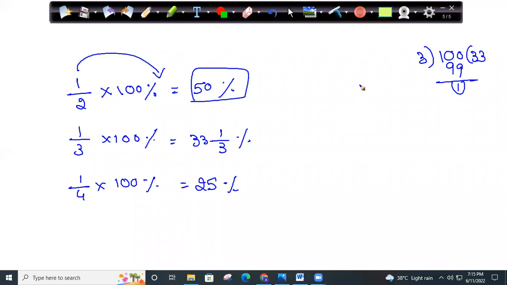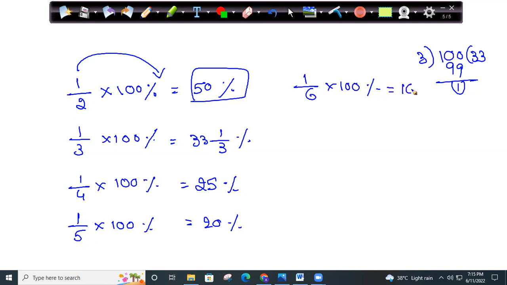What is 1/5 in percentage? 20%. If I want to convert 1/6 to percentage, divide 100 by 6. 16 sixes are 96. Remainder is 4. So 16 4/6, which is the same as 16 2/3%.